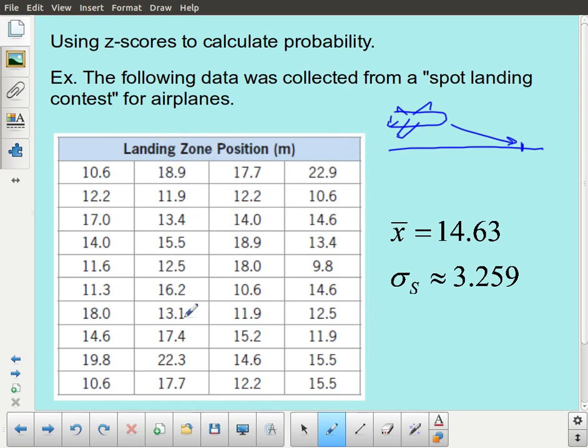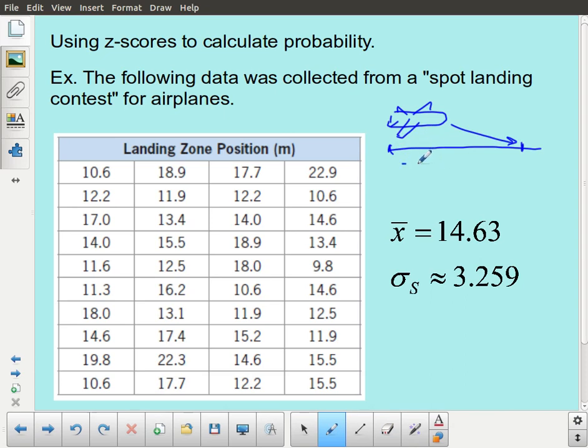Now, this is not with respect to a specific location, because if it was, some of these would be positive and some would be negative. So what this data is actually probably measuring is the distance x that they landed from the end of the runway. Now it wouldn't be that end of the runway. It would be the runway that they've already flown over.